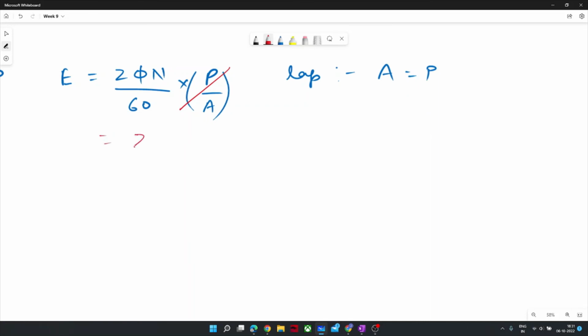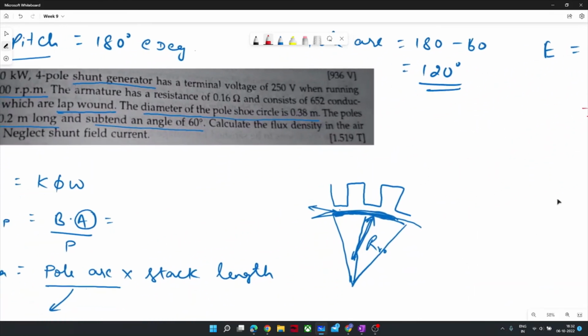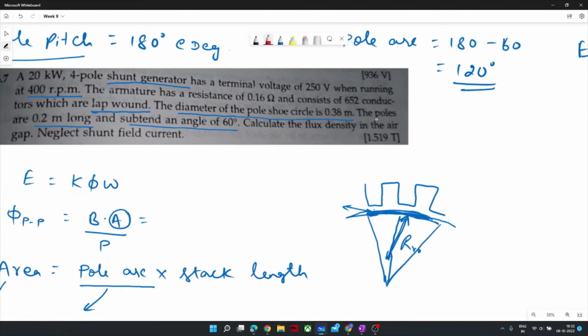Now we are left with only Z phi N by 60, and the number of conductors is given, 652 conductors. So Z we know, phi we can compute from there. N is also given, 400 RPM, and E is not given, but E we can compute from a KVL equation.